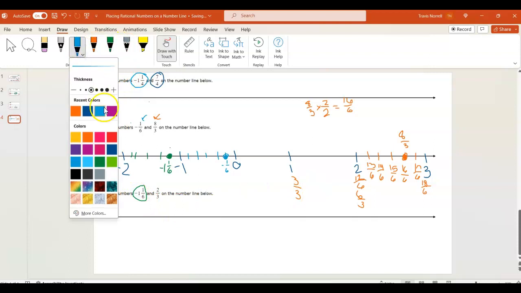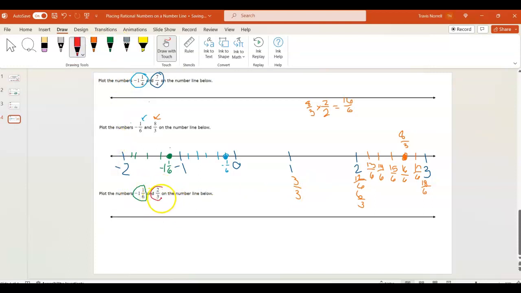And lastly, 2 thirds will be between 0 and 1. Well, we know 2 thirds would be here. But how many sixths would that be?